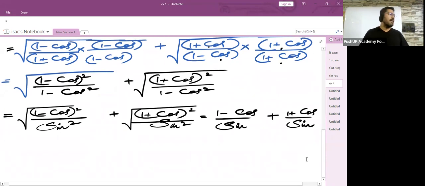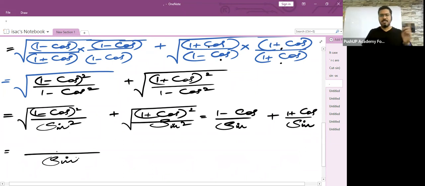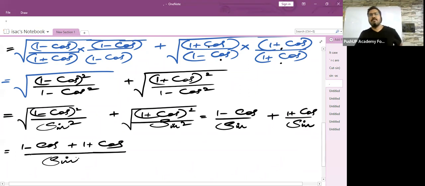Next, apply the LCM method. What is the LCM here? It is the sine function. The numerator would be 1 minus cos plus 1 plus cos.